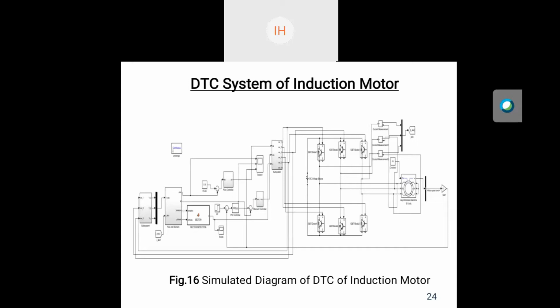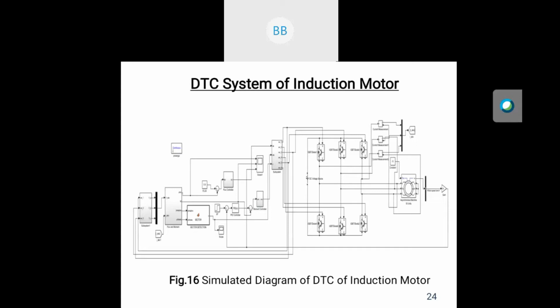These voltages and phase currents are transformed into two stationary reference frames of voltage and current, that is V alpha, V beta, and I alpha and I beta. After that, psi and m, that is flux and torque, are calculated by using some machine modeling equations of flux and torque. After that, psi alpha and psi beta are also calculated by using equations. Then this psi alpha and psi beta are fed to the sector detector subsystem, where the required sector is detected, and the output of this sector detector is fed to the voltage vector selector.